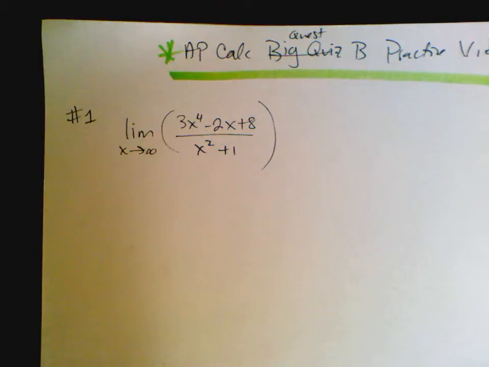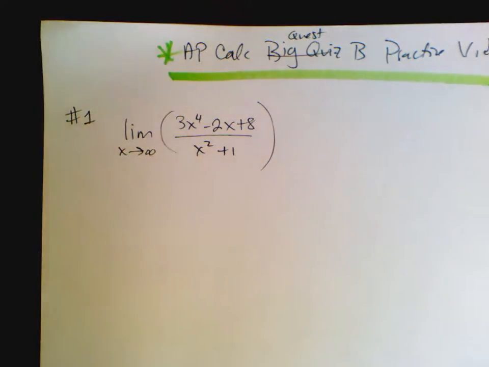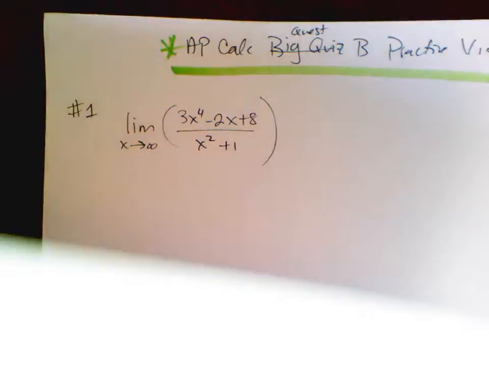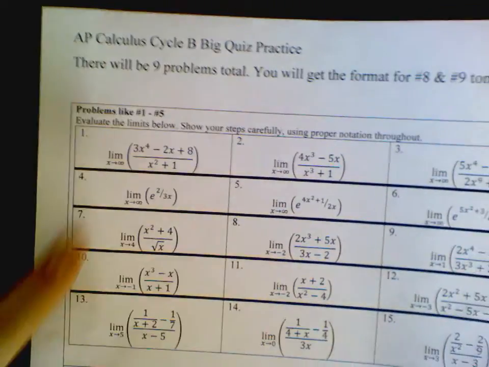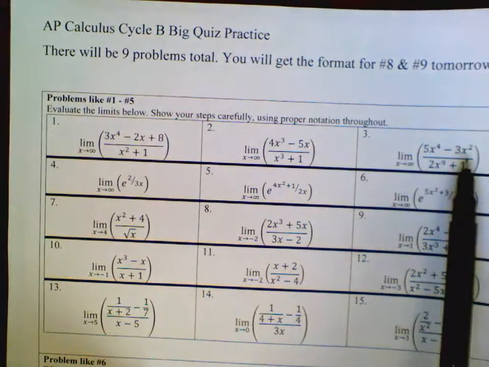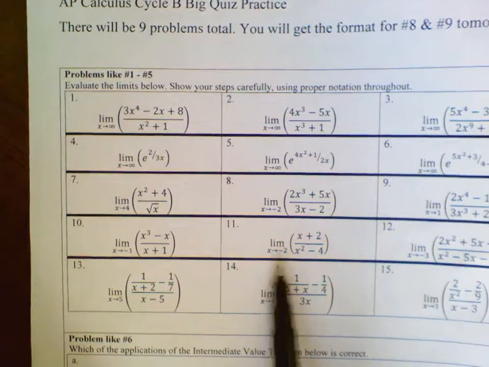Okay, so we're doing this limit. Basically, your first 5 problems are not necessarily going to be in this order. Looking at problems 1 through 5, the top row are very similar, and the second row are very similar. Each row has very similar problems.